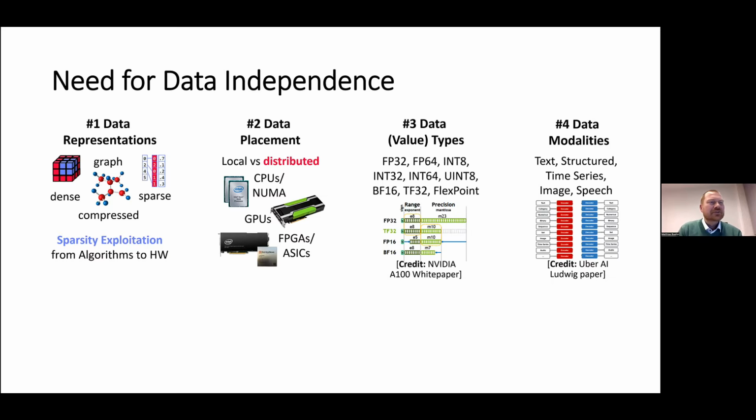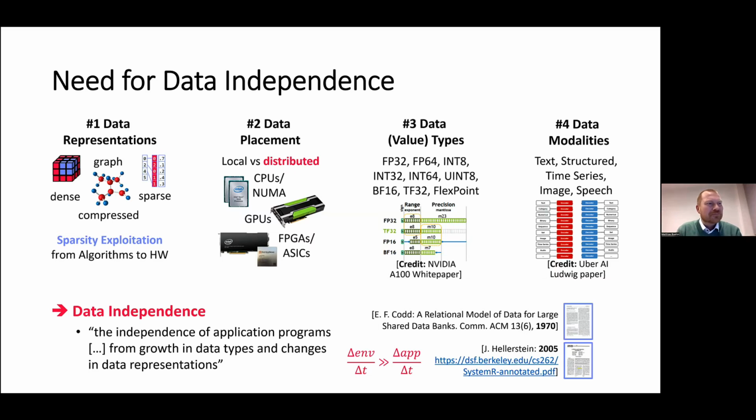And finally, we are dealing with a variety of different data modalities, including structured data, time series, videos, images, speech, and essentially all those different forms of specialization make it harder to actually automatically generate efficient execution plans for those already very complex data-centric ML pipelines.